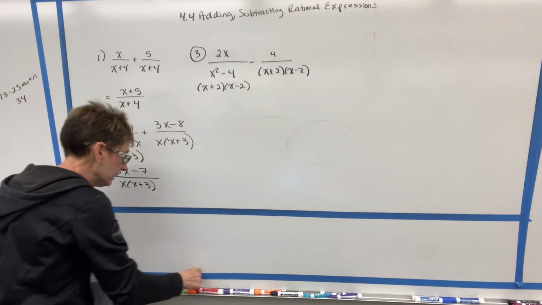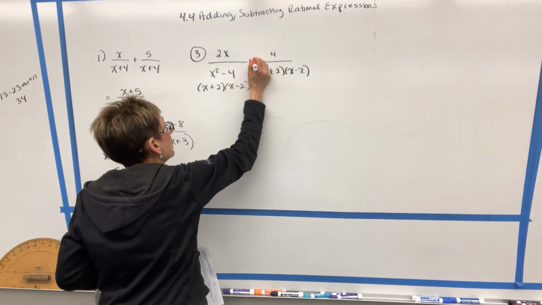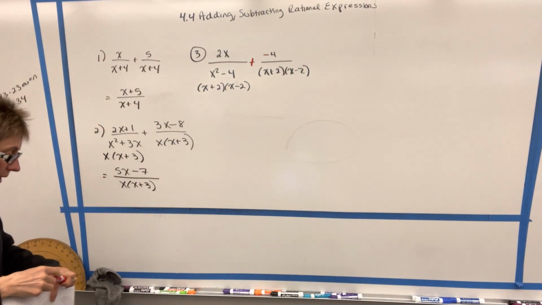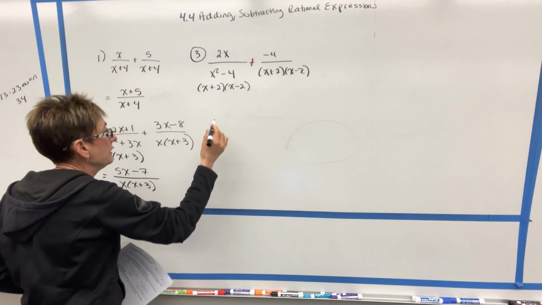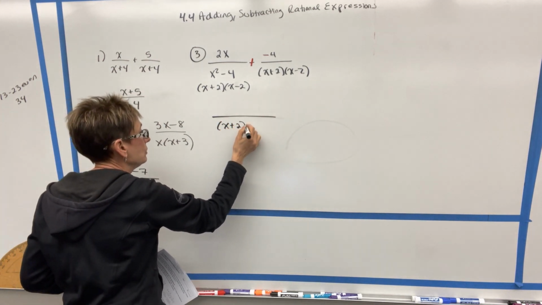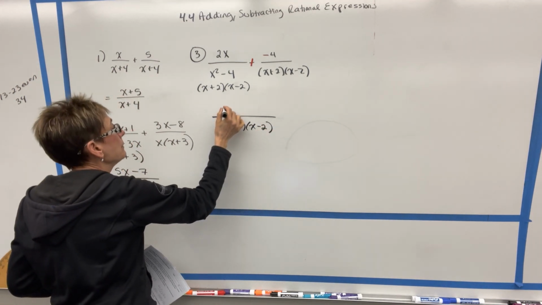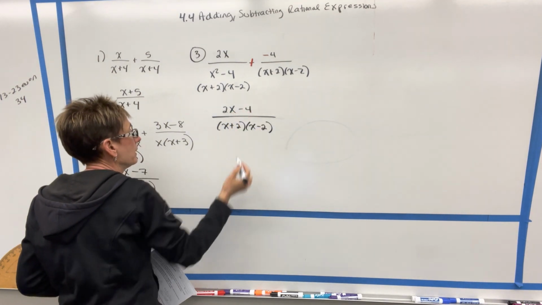What I would strongly recommend you do, if you have a minus sign in front of a rational expression, is change it to a positive, and then change the sign of everything in the numerator. So we can see that our denominators are the same, so we're going to write this as x plus 2 times x minus 2. And for our numerator, I'm going to add both of those, so 2x minus 4.